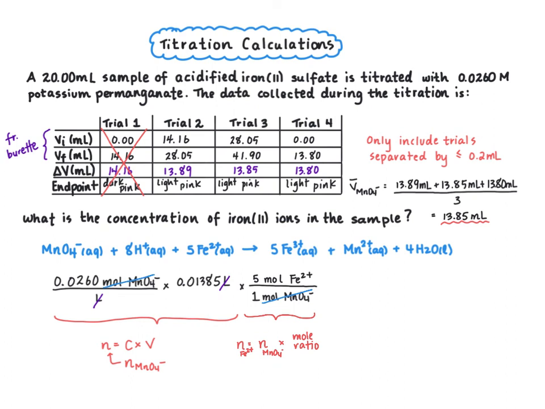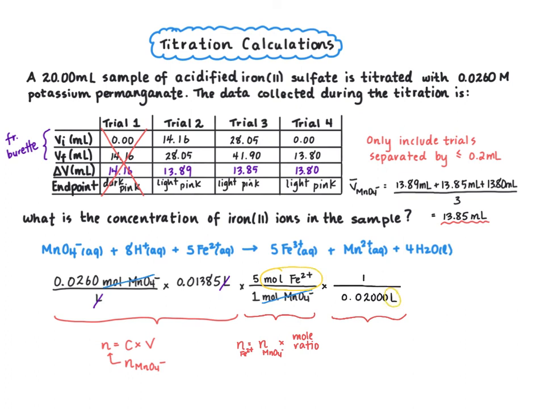So now I know how many moles of iron were initially in the flask before I started titrating. To find the concentration, I'm just going to divide that by the volume of the iron sample. I'm just going to put a 1 on top here. And we had a 20 milliliter sample of iron. So I'll put my 20 milliliters in liters there. And so my final units here are going to be moles of iron 2 plus per liter, which is the units I want for concentration.